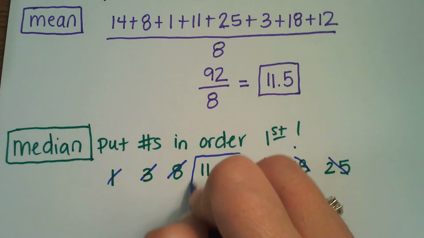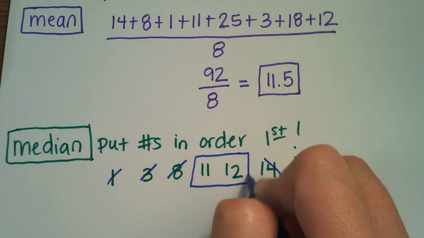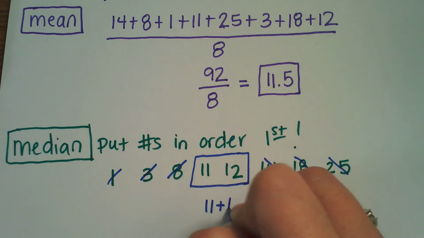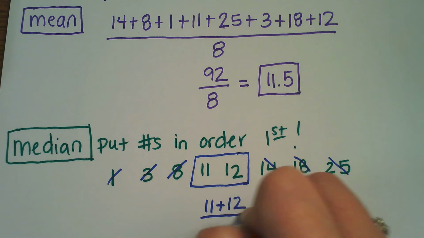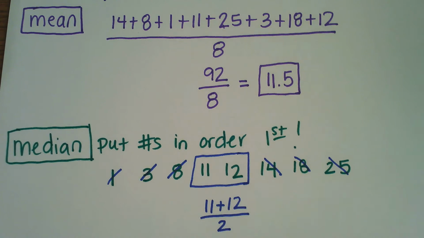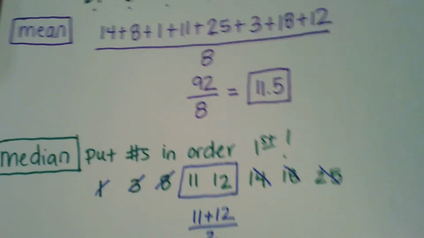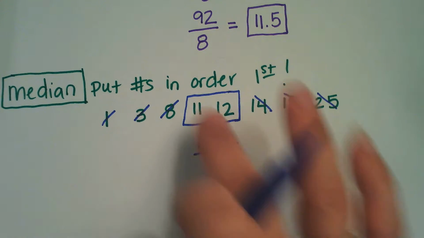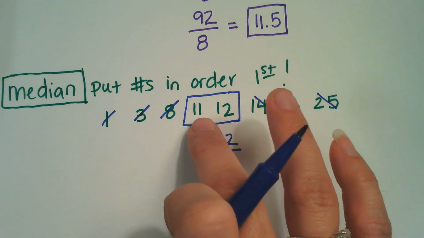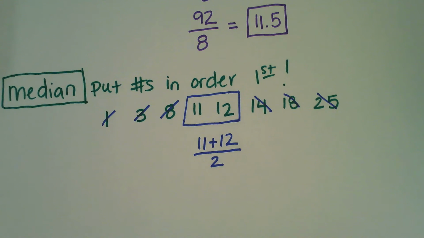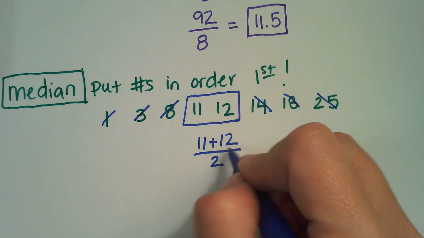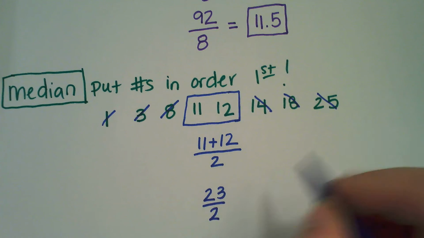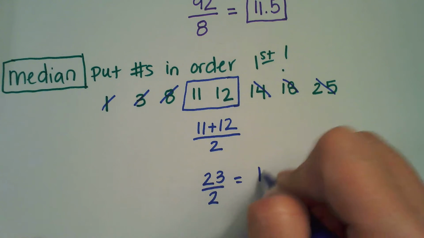There happen to be 2 numbers in the middle of this set, so I'm going to add those together and divide by 2, so I can figure out where the middle is. Hopefully you kind of know, well, the middle must be 11.5, but just in case, you would just add those. 23 divided by 2 is 11.5.